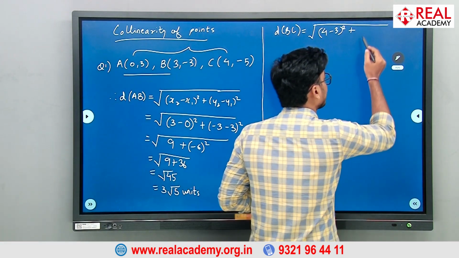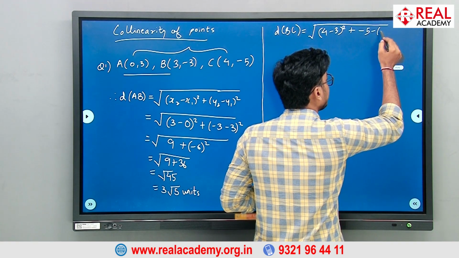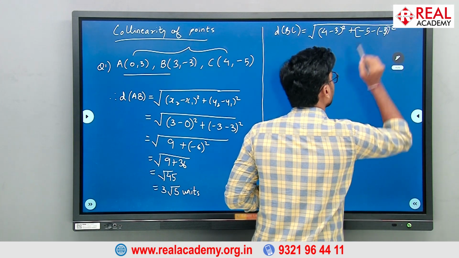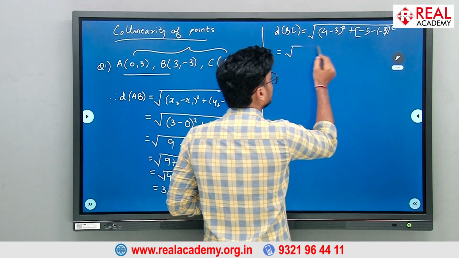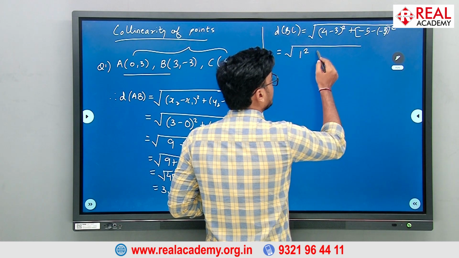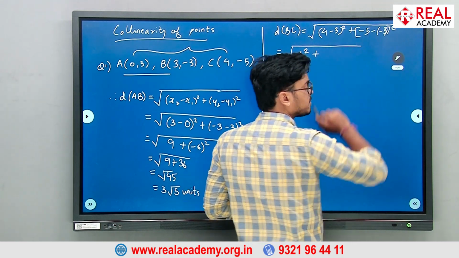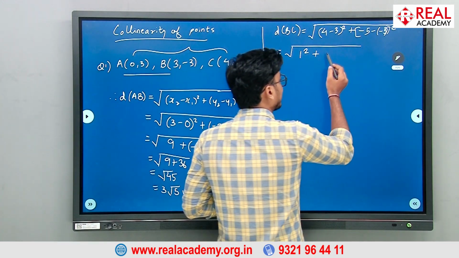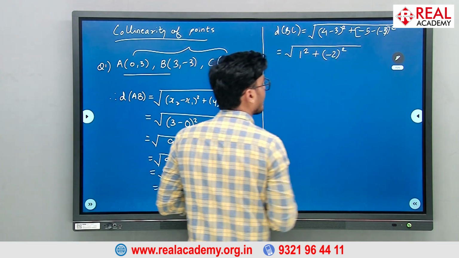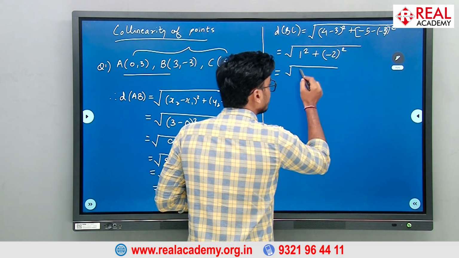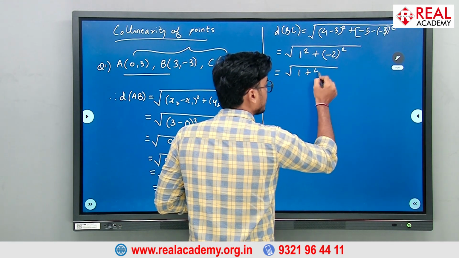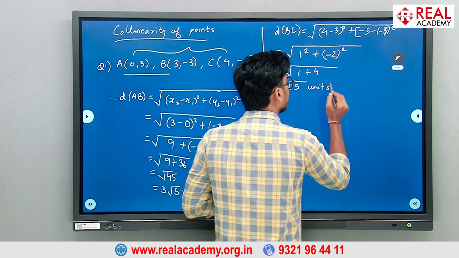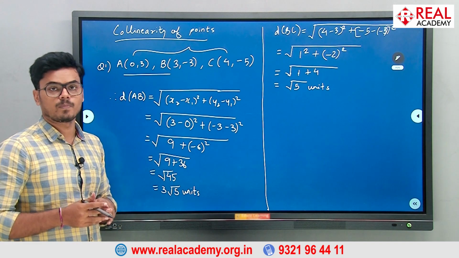Two minus signs will be there. I'll use a square bracket, the whole square. So this is equal to square root of 1 square plus minus 5, minus minus will become plus 3, so minus 2 the whole square. Here 1 plus minus 2 square is positive 4, so root 5 units is the distance between B and C.